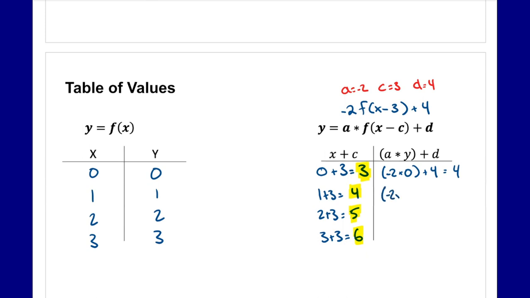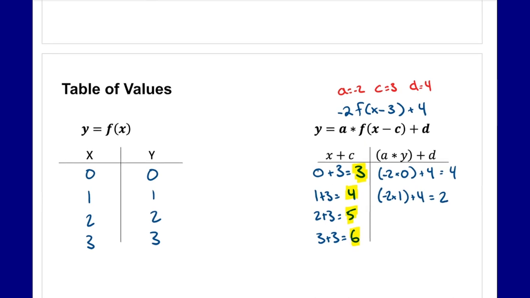Negative 2 times 1 plus 4, negative 2 plus 4, gives me 2. Negative 2 times 2 plus 4 is 0. And negative 2 times 3 plus 4 is negative 2. So my new y values will be 4, 2, 0, and negative 2.